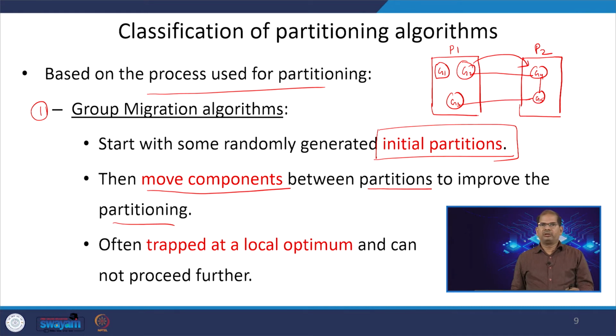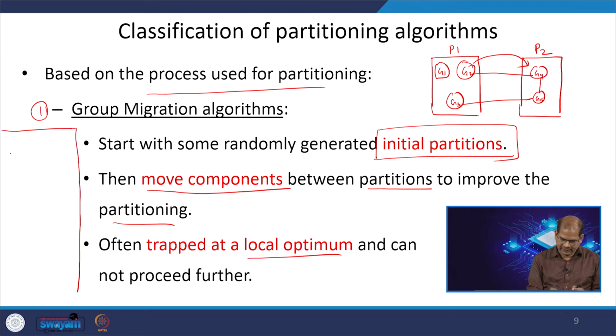But one of the problems with the group migration algorithm is that it will fall into a local optimum. What is a local optimum? Let us say I draw it here. This is my number of solution states, 1, 2, 3, 4, 5, just an example, and here the number of cuts.